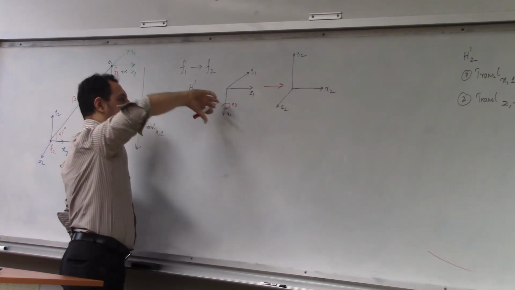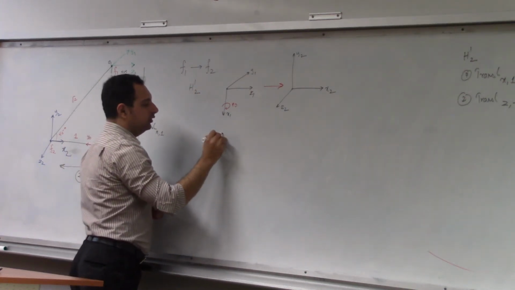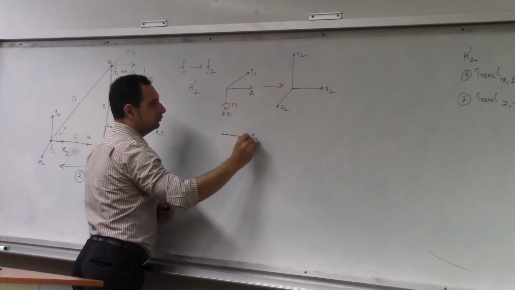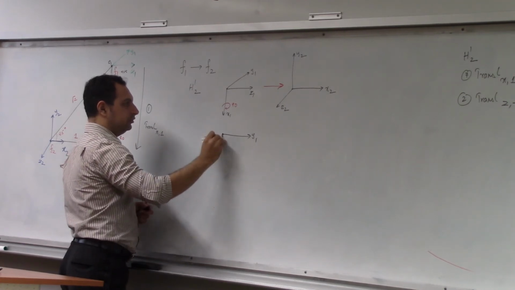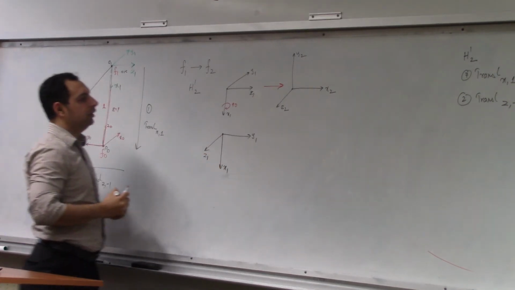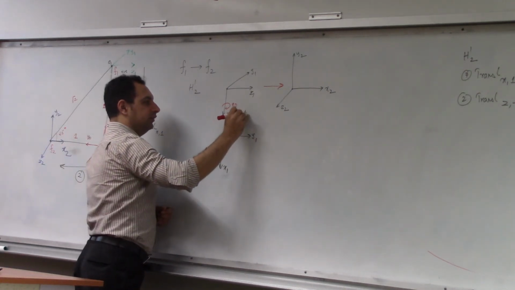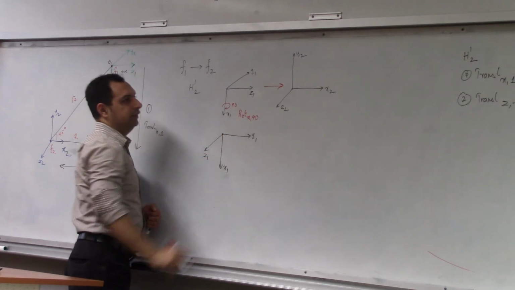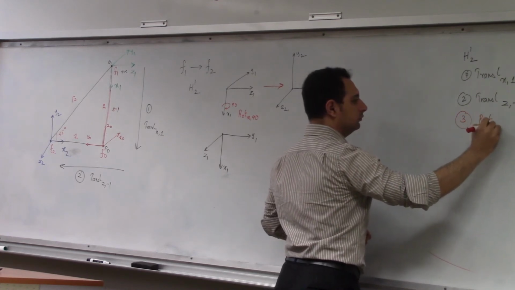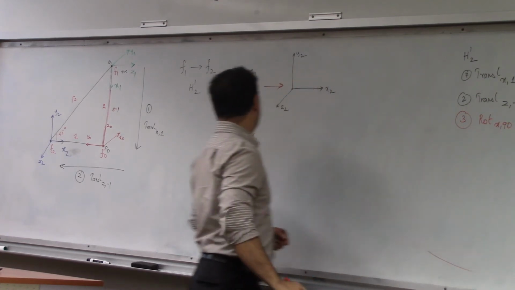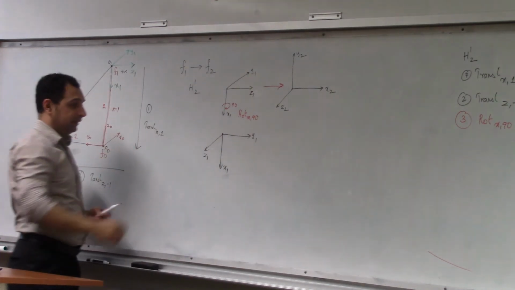When I do so, Y will become in line with the board. Z will come outside, Z1, and this will be X1. So this rotation is in the positive direction of X, rotate X by 90. Point your thumb towards the direction of the axis, and if I rotate, Z will come out.